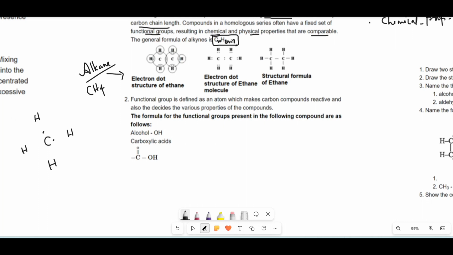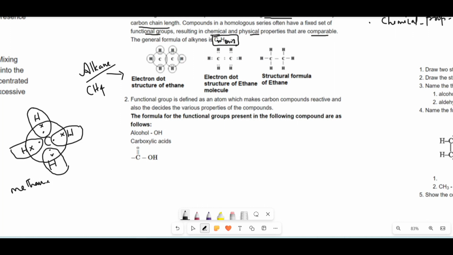So you should draw 4 electrons around carbon, and for hydrogen you need 1 electron, and carbon will be sharing all these 4 electrons with the hydrogen's 1 electron and acquire an octet. Similarly, hydrogen will acquire 2 electrons each. Okay, so this is the electron dot structure of methane.